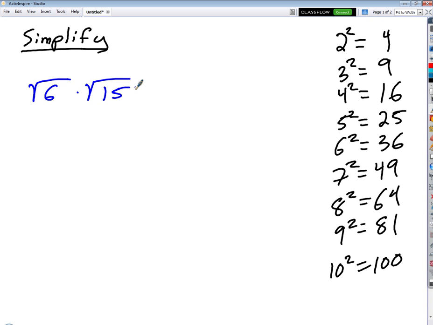So find the biggest perfect square that divides into it. Break it down. And that's right. Keep going. Right. Good. Keep going. Find the biggest perfect square. That's good. Okay.